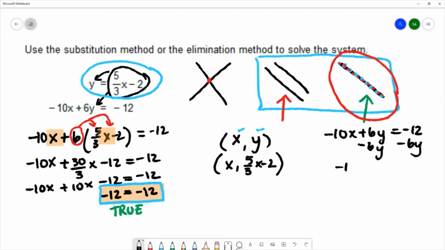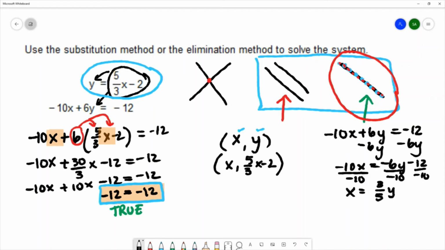That's negative 10x equals negative 6y minus 12. Divide by negative 10 to get x equals, I'll reduce that 6 over 10. Both of them are even, so that becomes 3 over 5y.